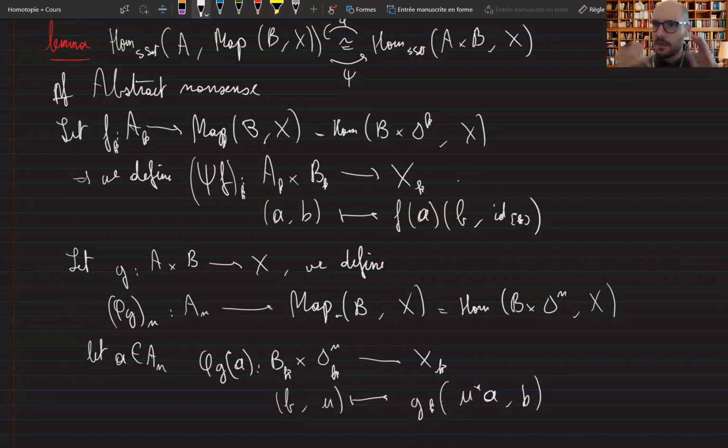And it's a bit of abstract stuff to show that these are bijections, that these are inverse to each other. Well, first of all, they are well defined, they define simplicial maps, and then that they are inverse to each other. So it's a little exercise. I will let you do it.